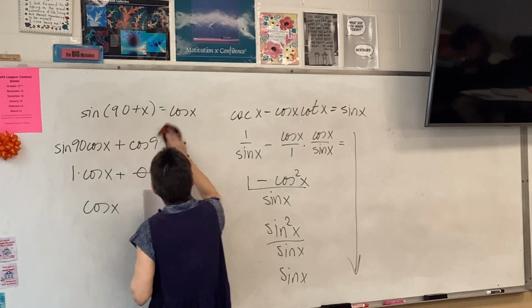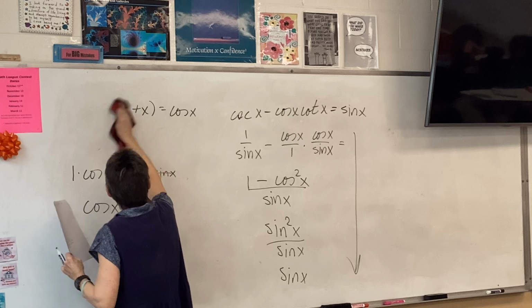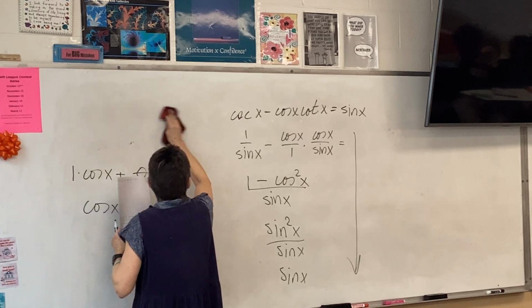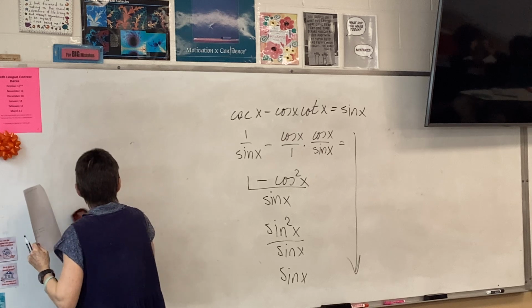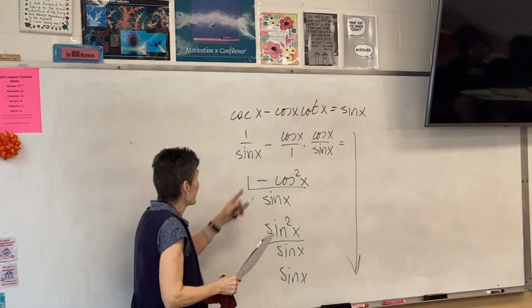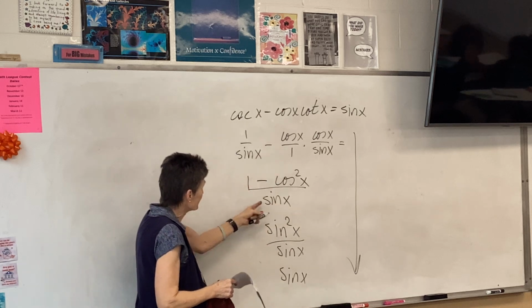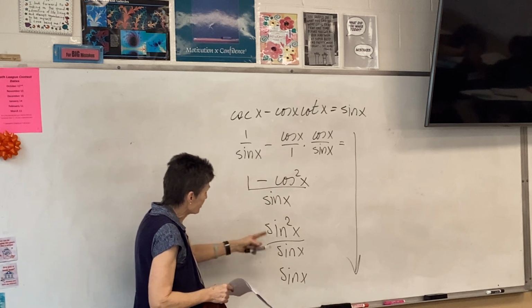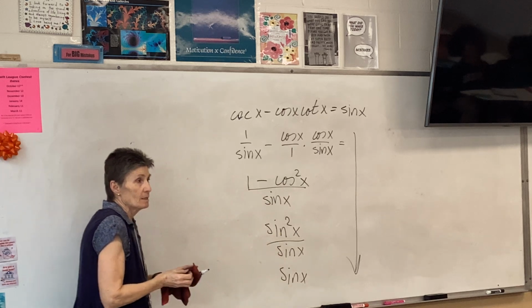So the key there was getting everything into fraction form. Then we had 1 over sine minus cosine squared over sine, so we had a common denominator. 1 minus cosine squared is sine squared.